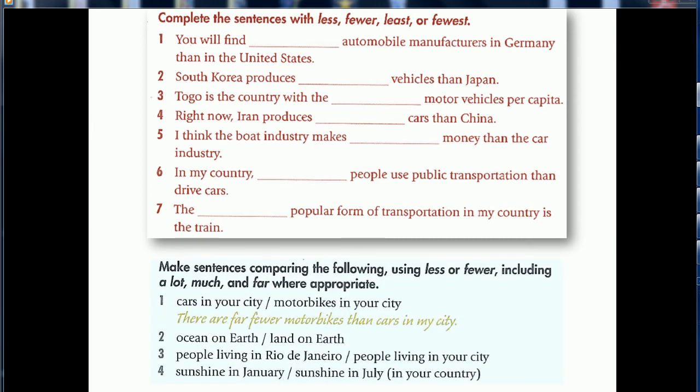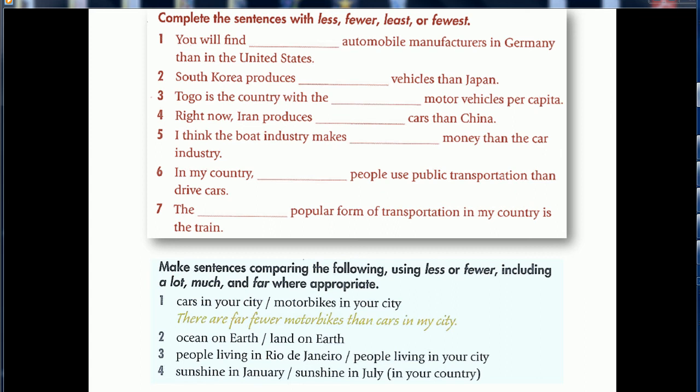Okay, make sentences comparing the following using less or fewer, including a lot, much, or far where appropriate. For instance, you say cars in your city, and then motorbikes in your city. So if you want to compare those items, you say there are far fewer motorbikes than cars in my city. This is an example.